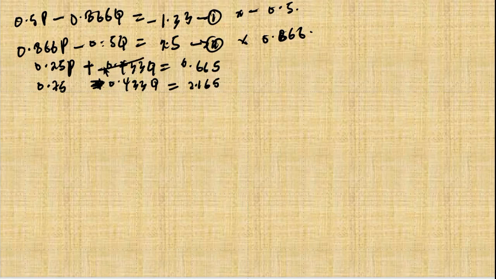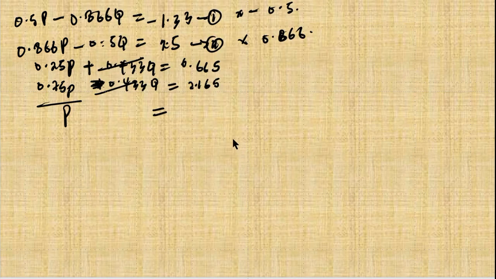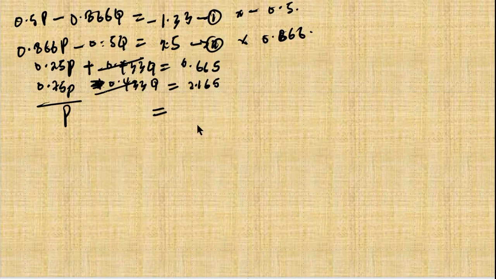Now this plus 0.433Q adds to this to become 0. I have 0.25P plus 0.75P, that becomes 1P, equals 0.665 plus 2.165, that's 2.83. P is equal to 2.83 Newton.